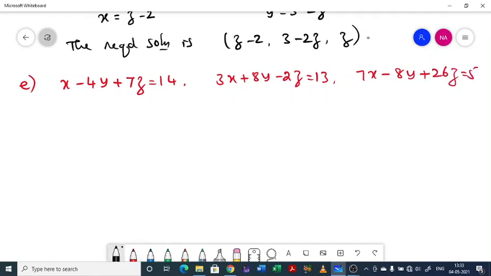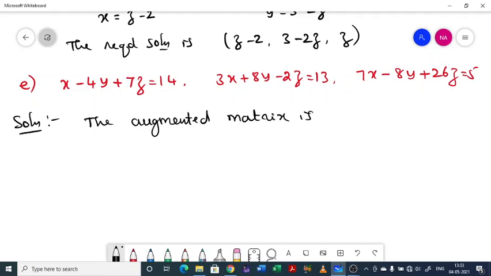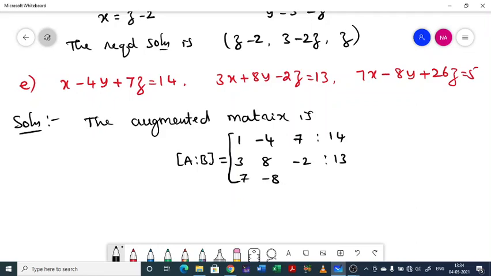The augmented matrix A colon B equals first row 1 minus 4 7 colon 14, second row 3 8 minus 2 colon 13, third row 7 minus 8 26 colon 5.